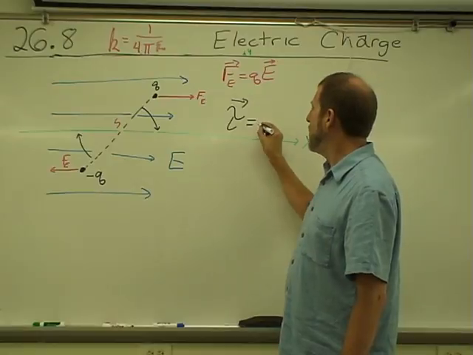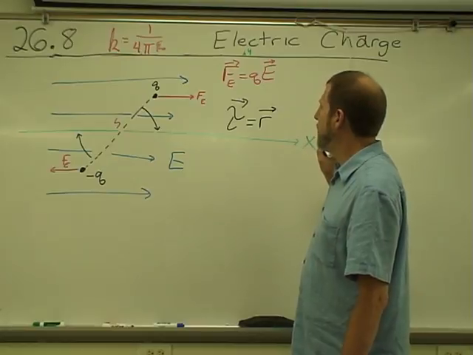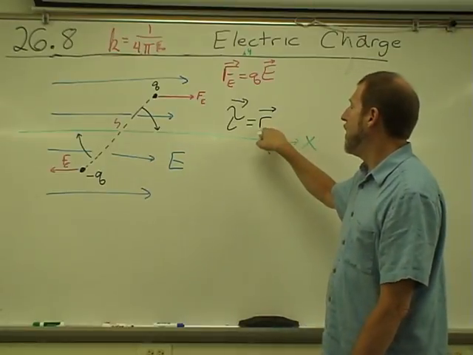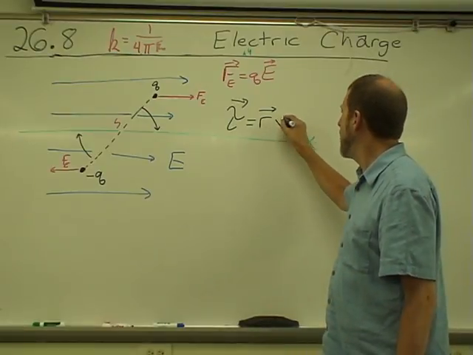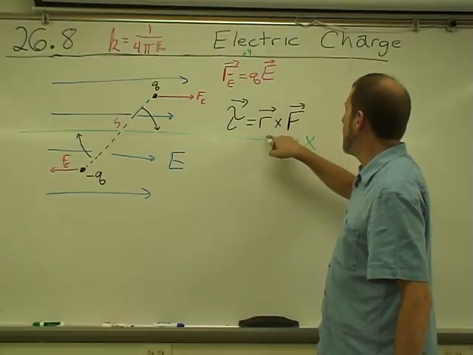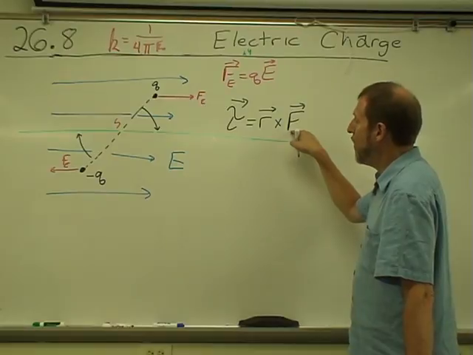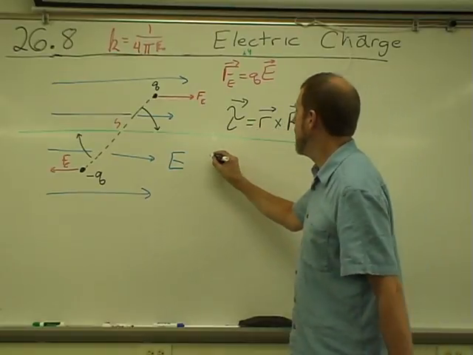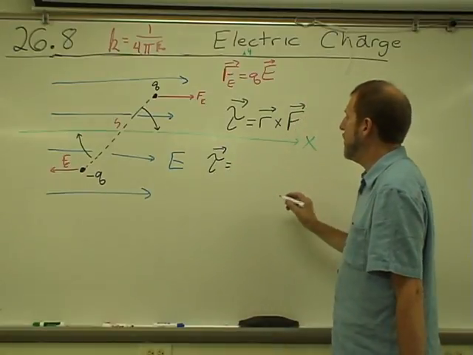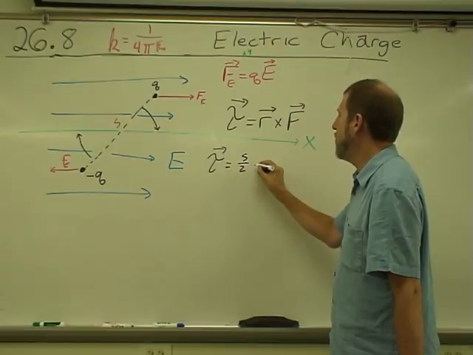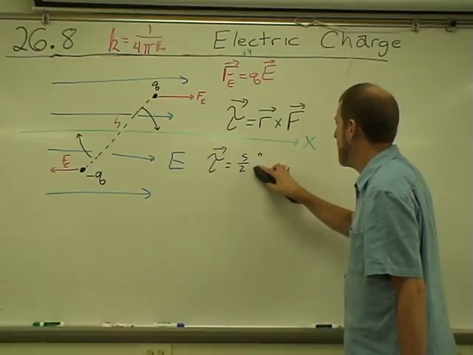So tau is equal to the position vector from the point of rotation to where the force is being applied. And we take the vector product, or the cross product, of that vector with the force vector. Now, in this case, the torque is equal to the vector, it's got a magnitude of s over 2 in the direction of s.